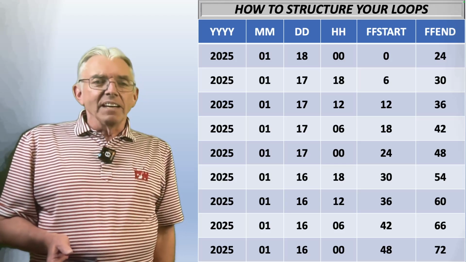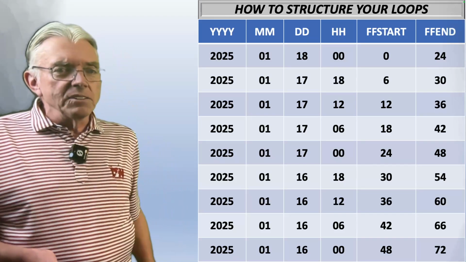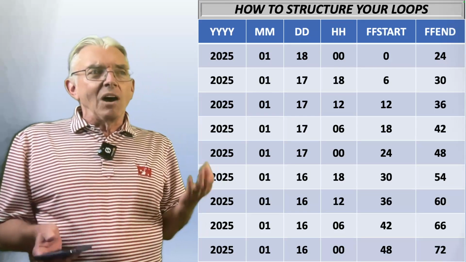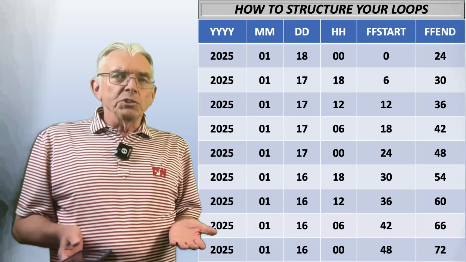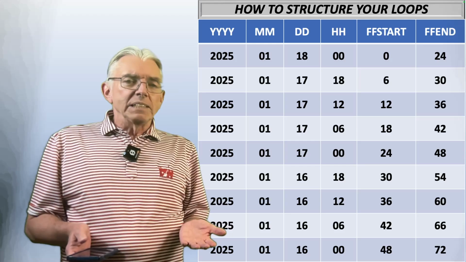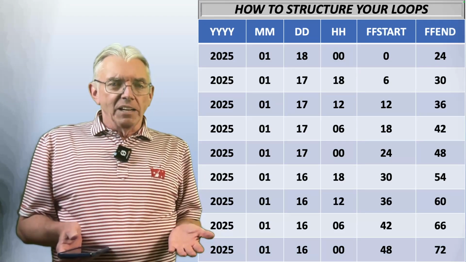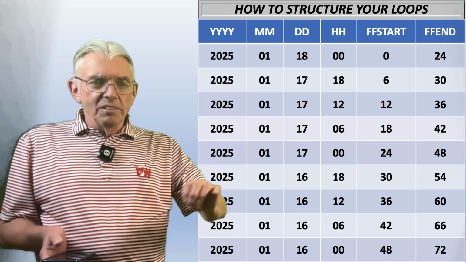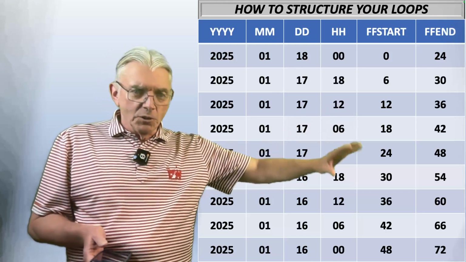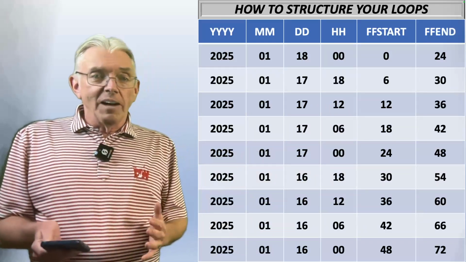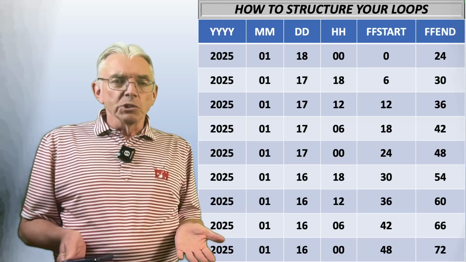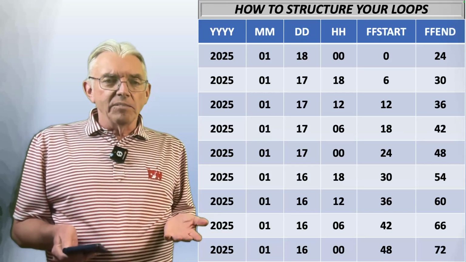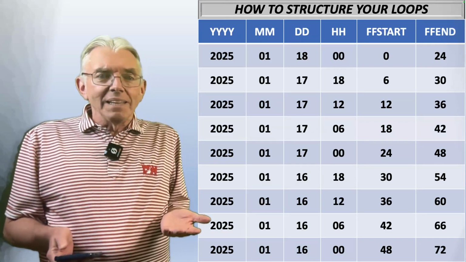And then finally, I just thought you might find it interesting to see how I decide how I'm going to construct my loops. Supposing that I wanted to compare forecasts from the current run to the previous run to the previous run, but all verifying at the same time. So I make up a table of all my variables, what I want them to be at certain times, and then I say, okay, how do I make that happen?